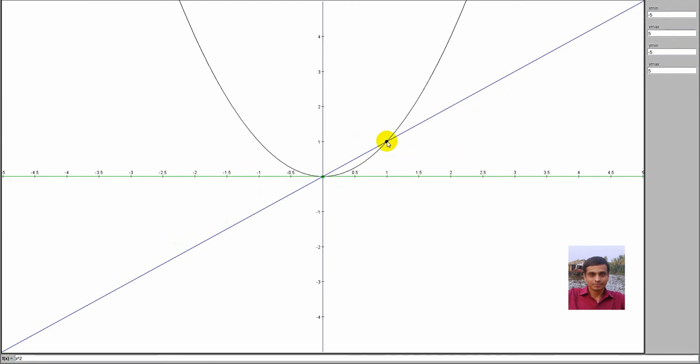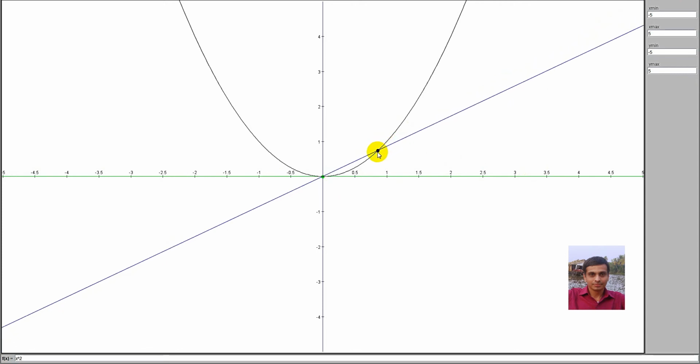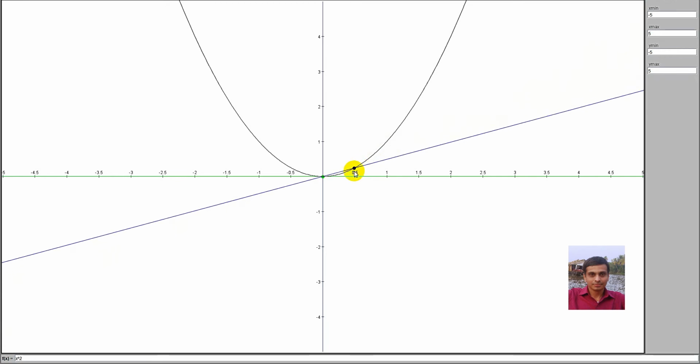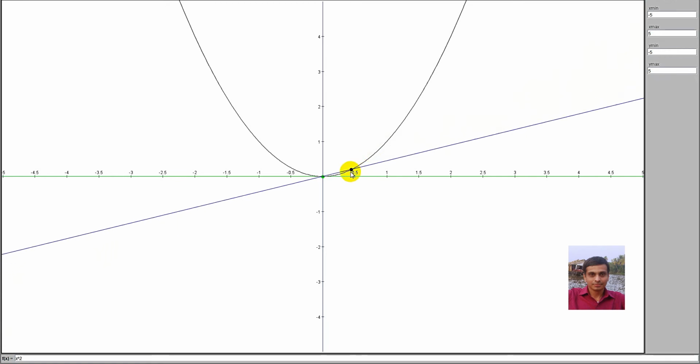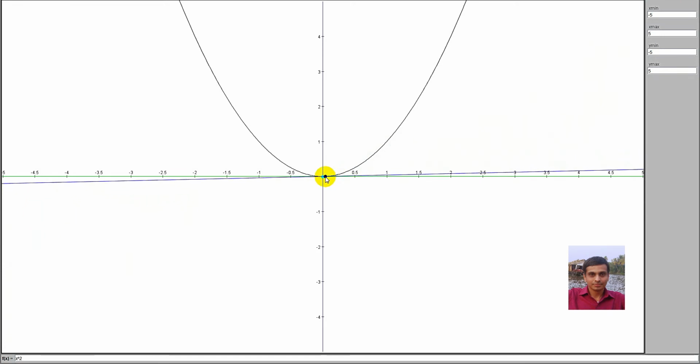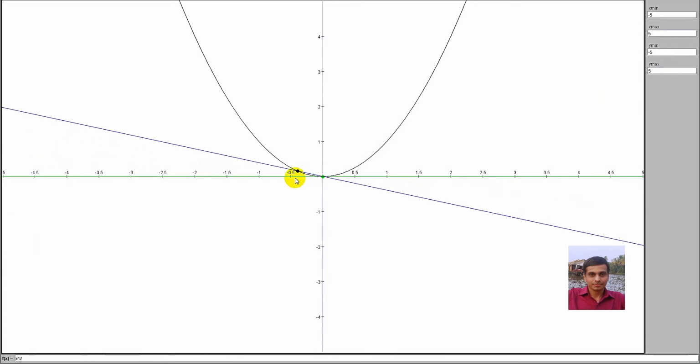Let us try to understand how the limiting position of the secant line could be achieved. You can see I am moving the blue point towards the green point. So I am trying to achieve the limiting position of the secant line at the origin, and you can observe that without any trouble I could achieve this position.